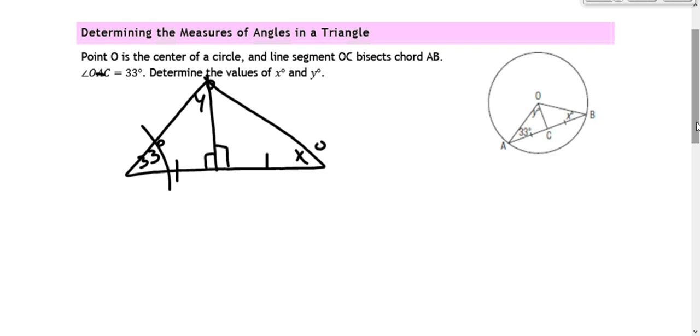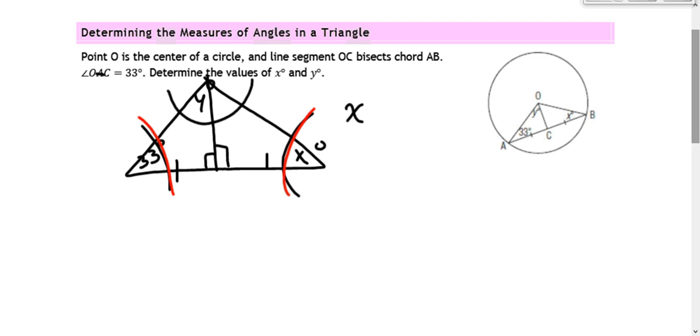Now, if we remember our triangle properties, we know that this triangle is isosceles. So, an isosceles triangle means that we have an oblique angle here, so an angle that's greater than 90, and that these 2 angles must be the same. X degrees here, and this must be the same due to isosceles.